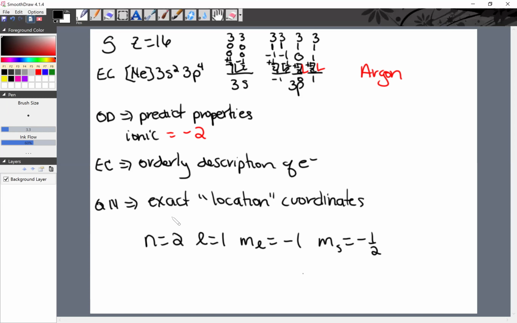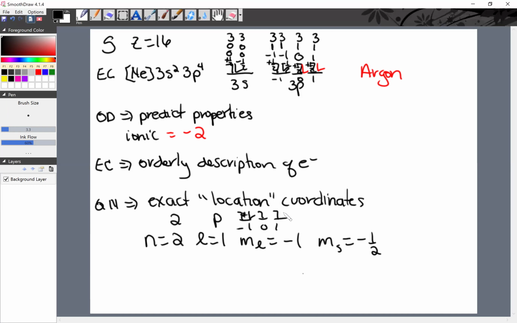So I know I'm in shell 2. I know I'm in shape p. Which p am I in? I'm in -1. And which way am I spinning? Down. And by convention, you can't do the down spins until you have the up spins.